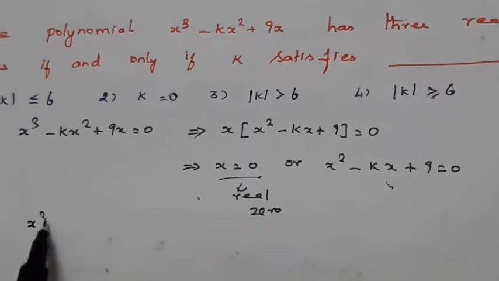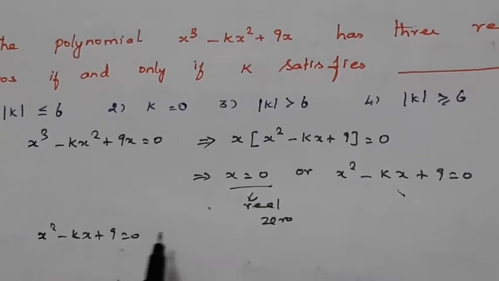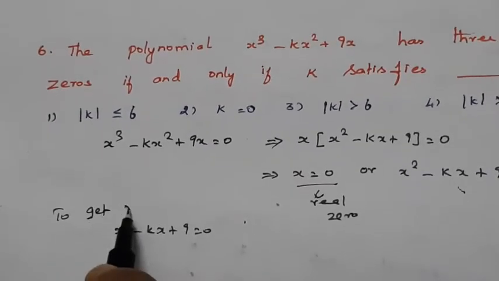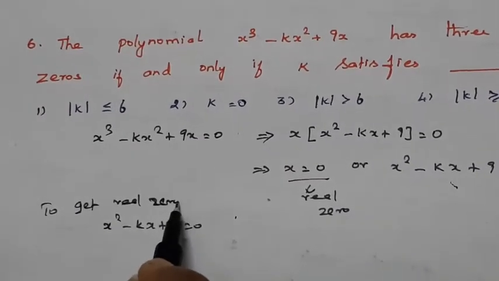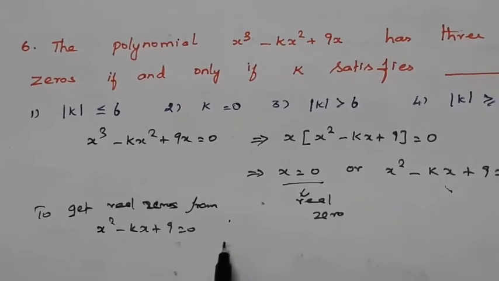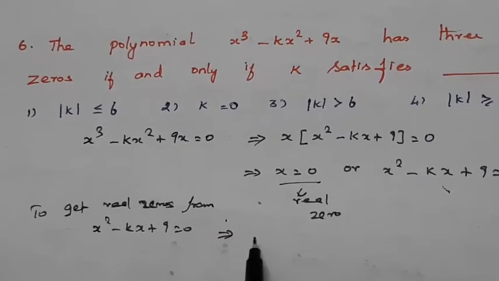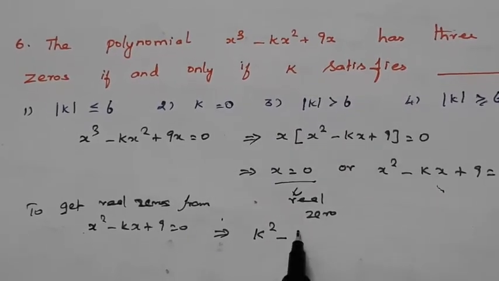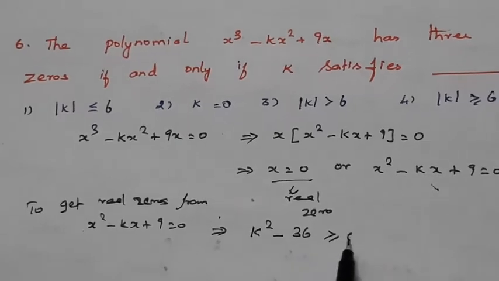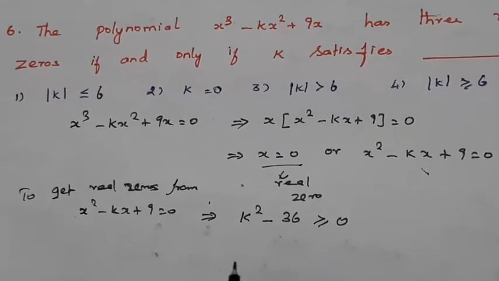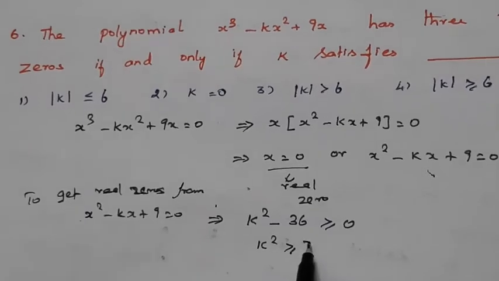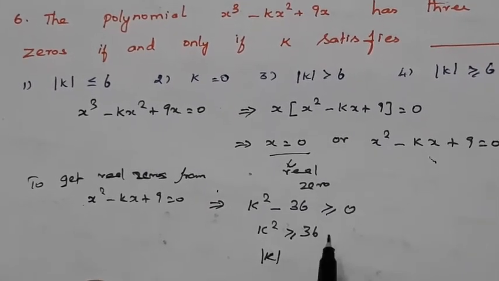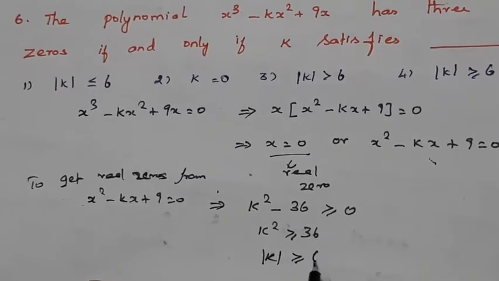So, for x squared minus kx plus 9 equal to 0 to get real zeros, the discriminant k squared minus 4ac, that is 4 into 1 into 9, which is 36, must be greater than or equal to 0. That is, k squared is greater than or equal to 36, or modulus of k is greater than or equal to 6.